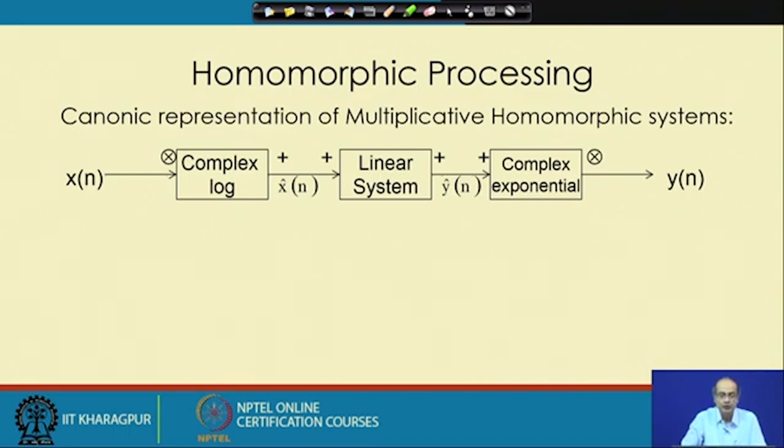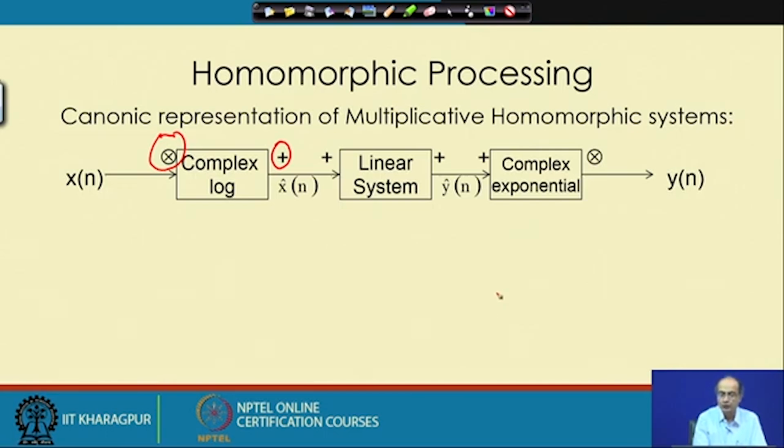First, we pass them through the complex logarithmic function. After taking the log, the operator that was multiplication here becomes an addition in the output space of the complex log. So, we get the signal x hat where the operator becomes addition, and now we can apply linear filtering, and after the filtering we get y hat.